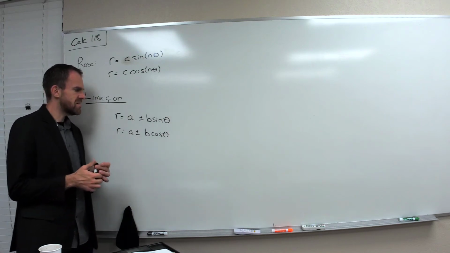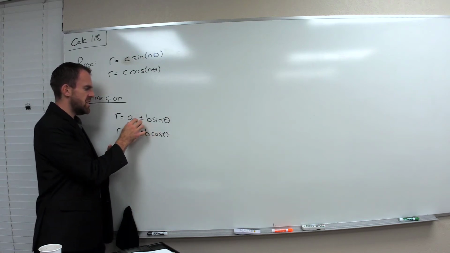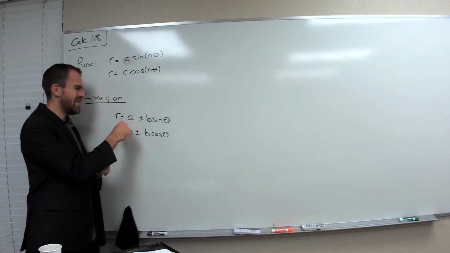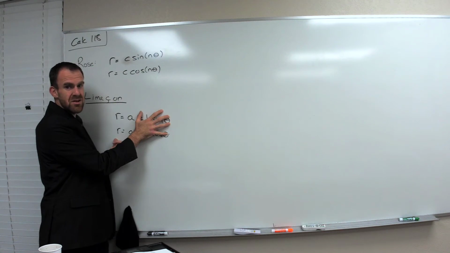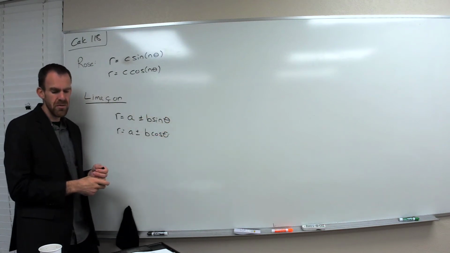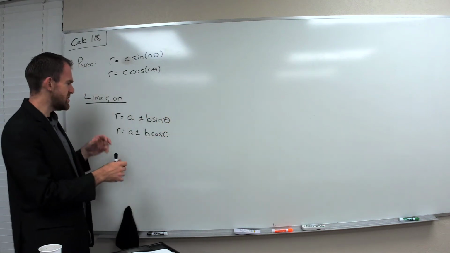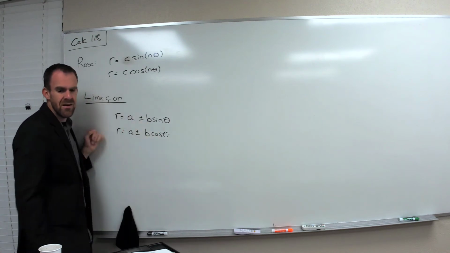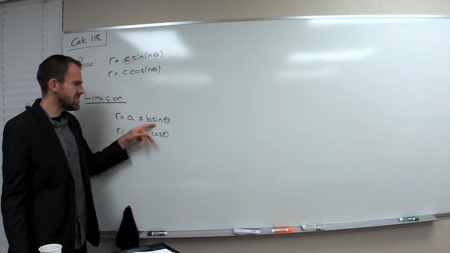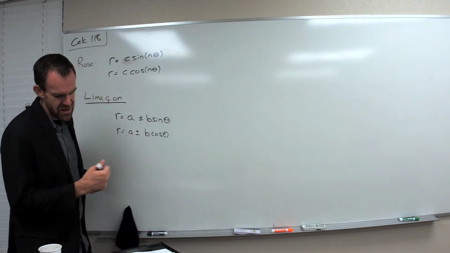What happens if this constant is really big? Well, then that constant takes over and you basically get a circle, right? r equals a constant is a circle if we're graphing in the polar plane. But if a is kind of small, the sine will sometimes take over and the a will sometimes take over.